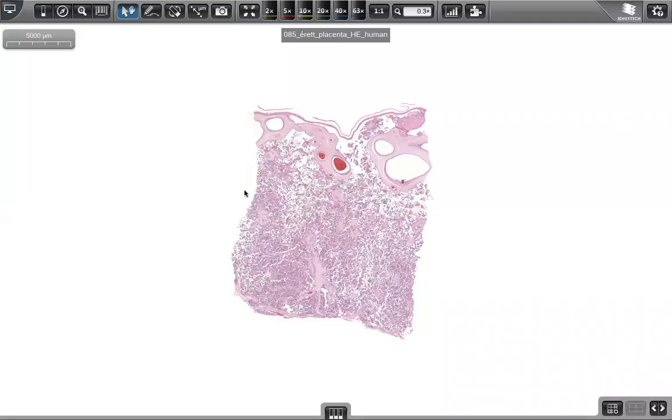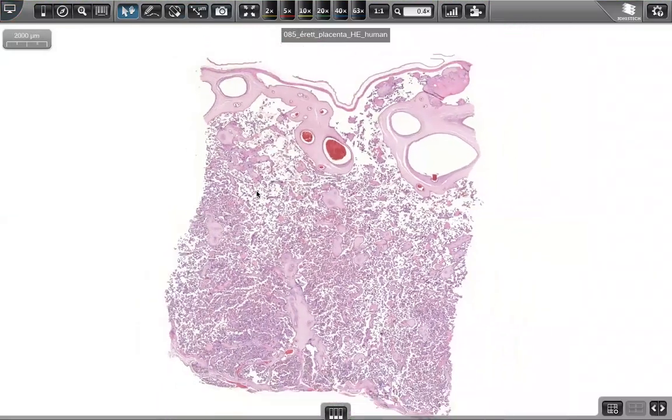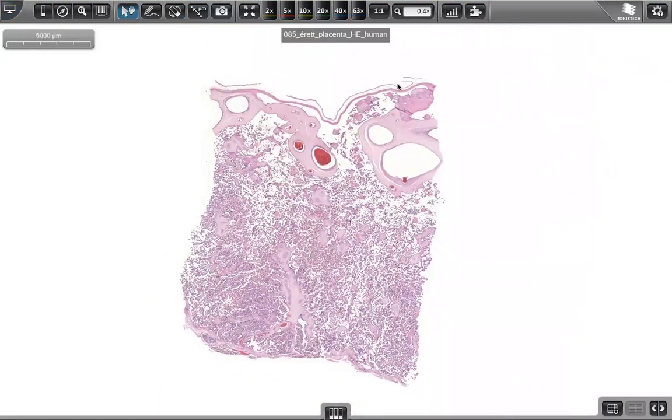So it's a fully matured placenta having 2 sides. Here we have this side showing these big lumens. That's the fetal side. And here we have the maternal side. So maternal side connecting directly to the uterine wall, the endometrium.